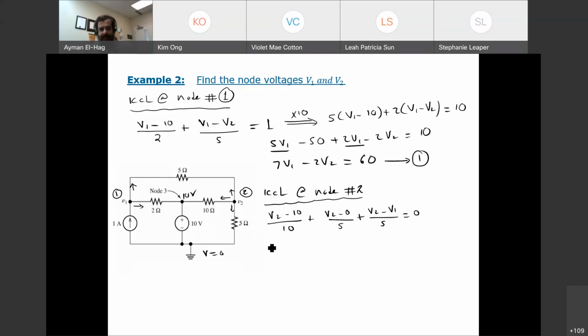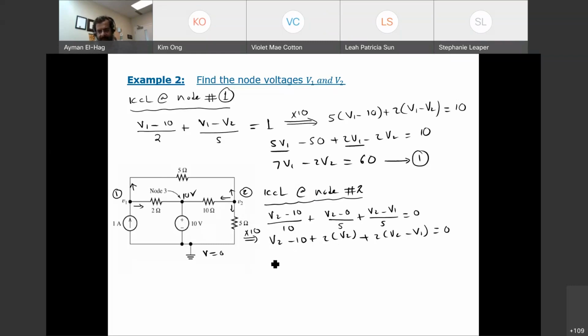Again, I will multiply this times 10. So this becomes V2 minus 10 plus 2V2 plus 2V2 minus 2V1 equal to 0.